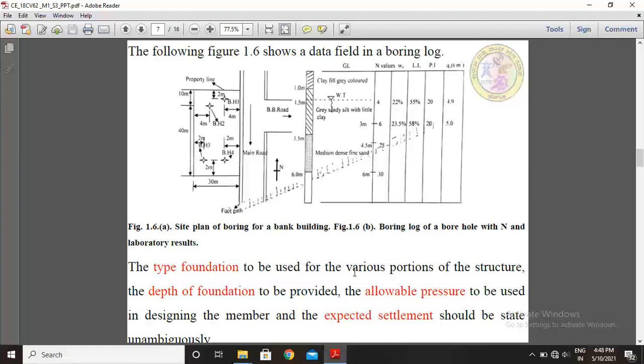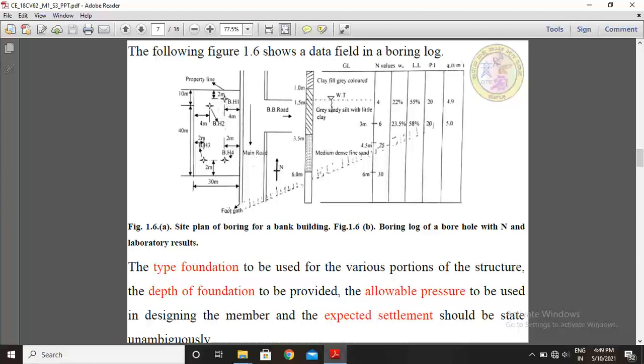The following Figure 1.6 shows a data field in a boring log. This is one example. So this is the site, 30 meter width, 40 meter length, 50 meter length. This is the property line. This is the main road, and this is also a main road.